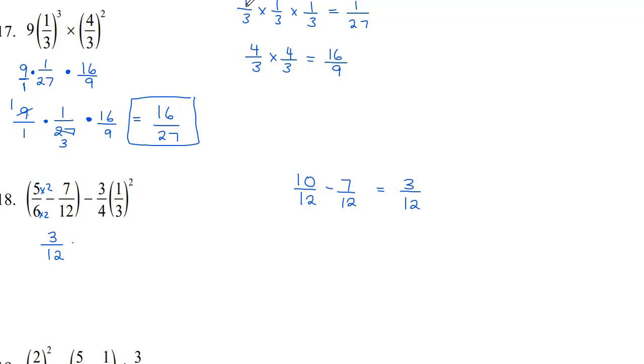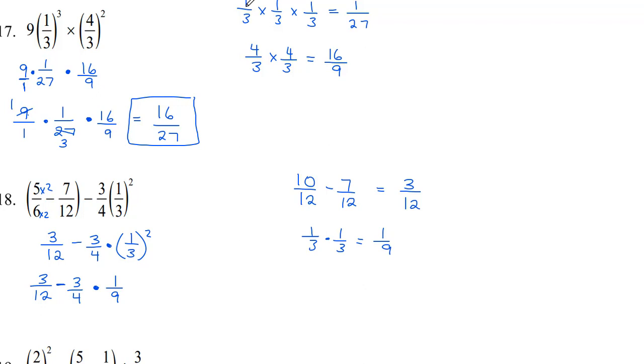So that's 3/12 minus 3/4, which is being multiplied to 1/3 squared. Okay, well then now I can do the exponents. 1/3 times 1/3, that's equal to 1/9. So I'm going to rewrite again. 3/12 minus 3/4 times 1/9.